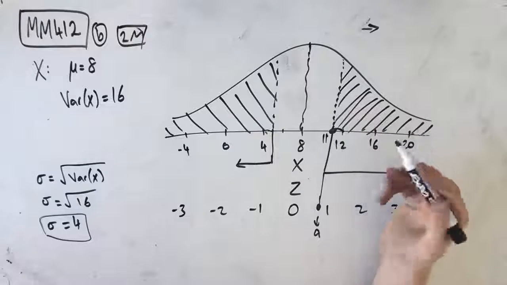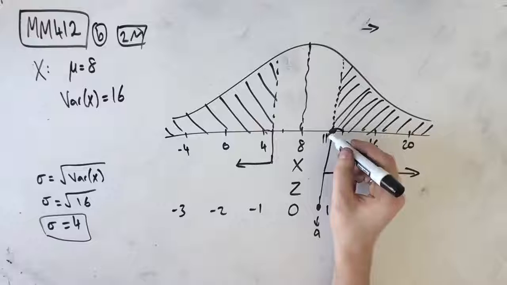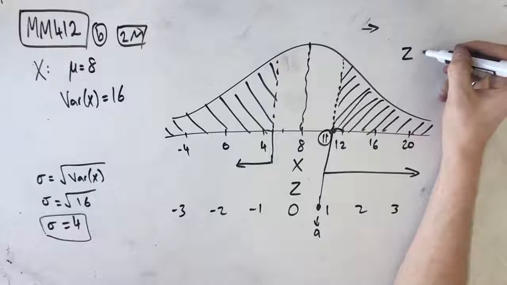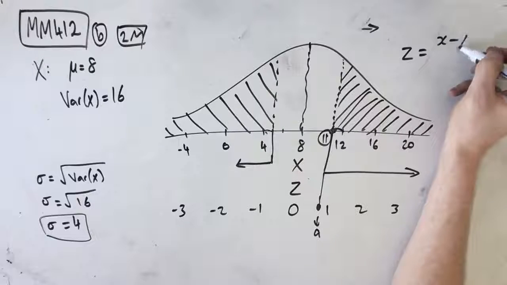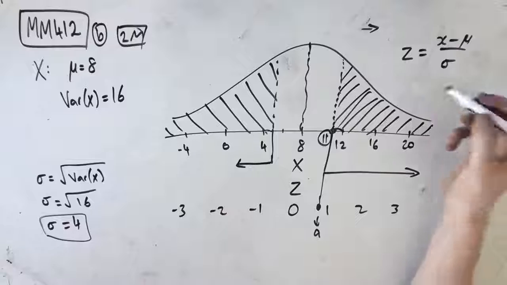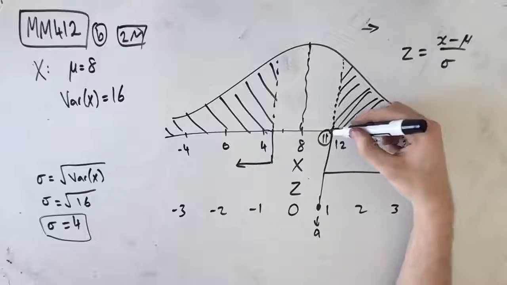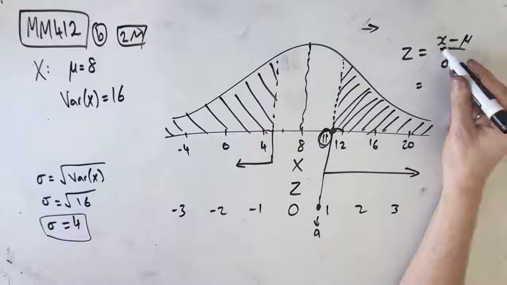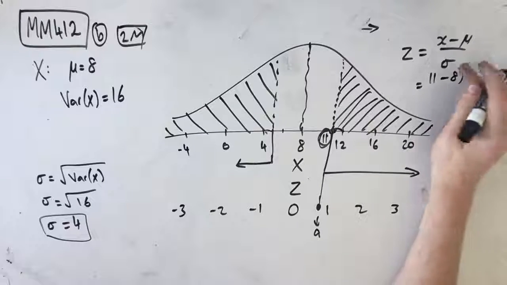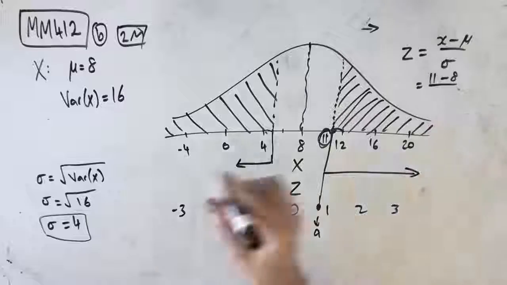Right? Which means what we can actually do is use that and say that the relationship between our z and our x is z equals x minus mu over standard deviation. Now, we're trying to find our z value at 11, right? So we know that our x value is 11, we know that our mu is 8, and we know that our standard deviation is 4, right?